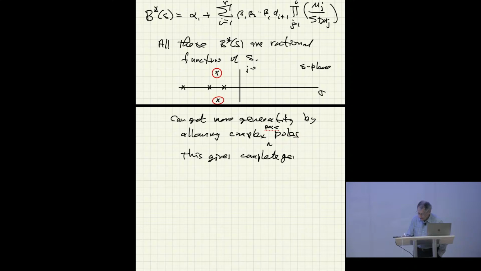So we can cook up any B star we want, and distill it for any rational B star of S.